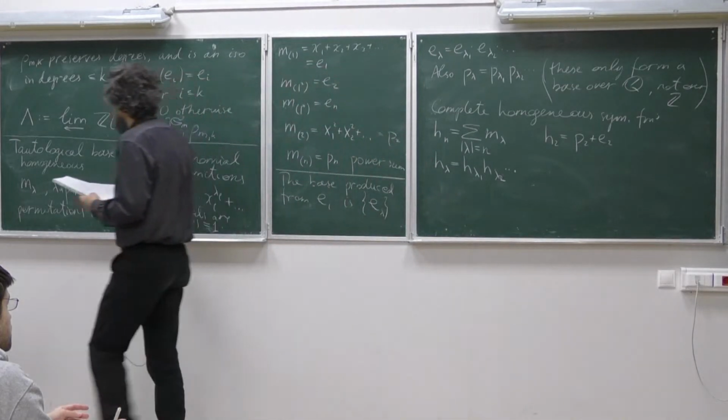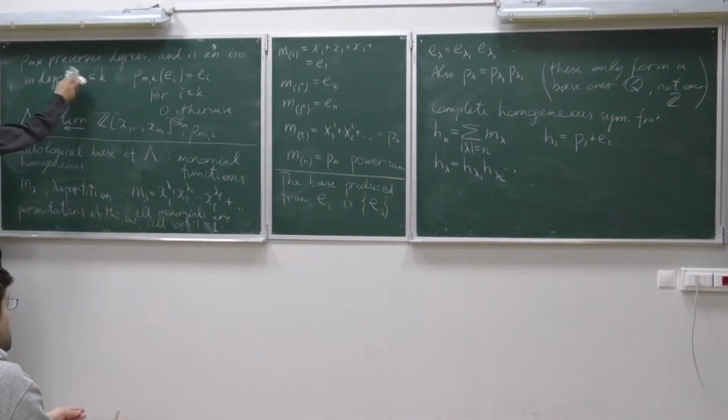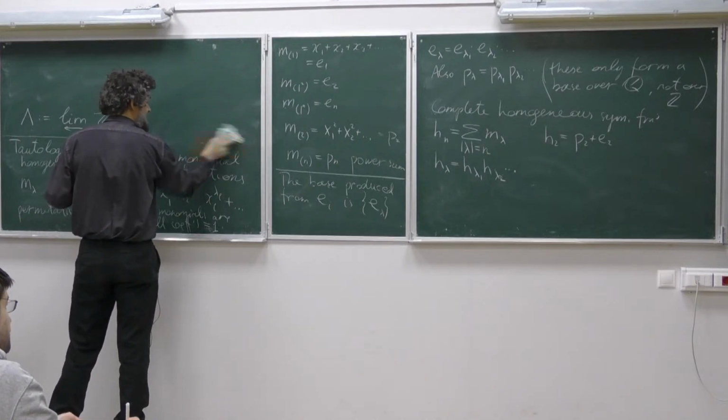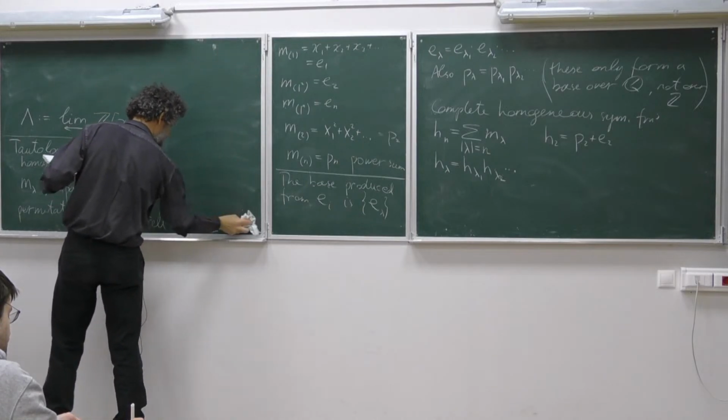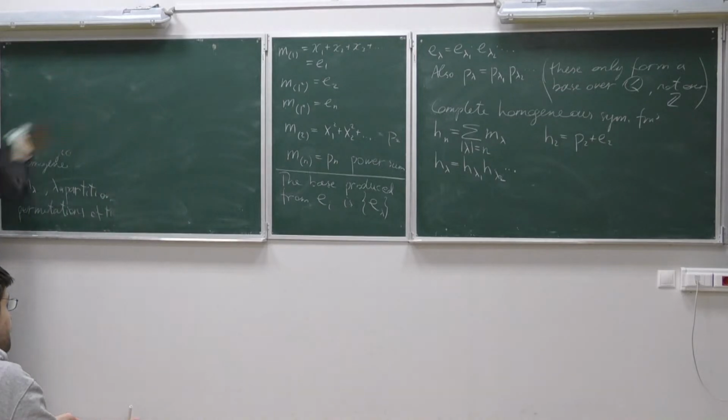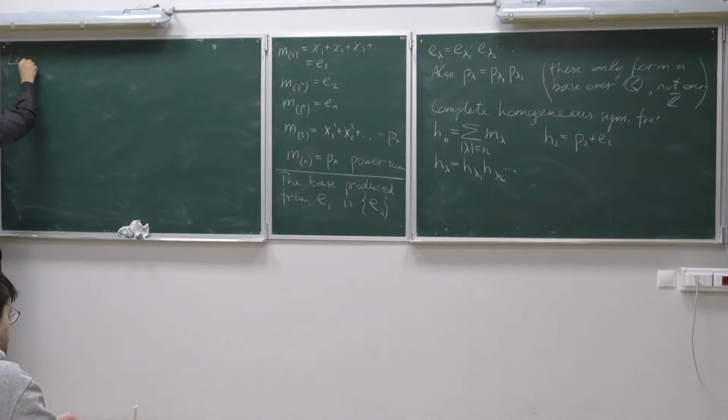So now let's prove that the elementary symmetric functions really do generate the whole ring. It will be our first lemma.